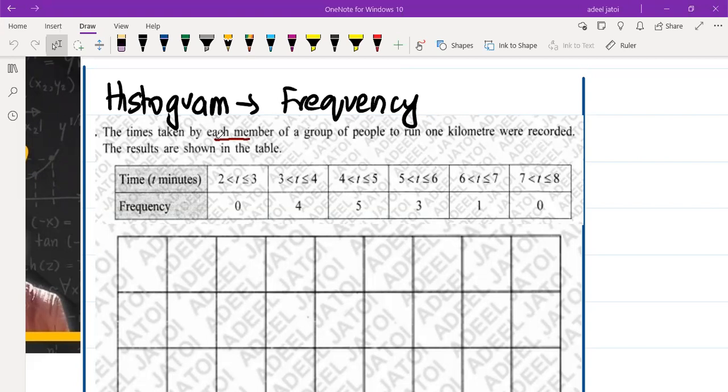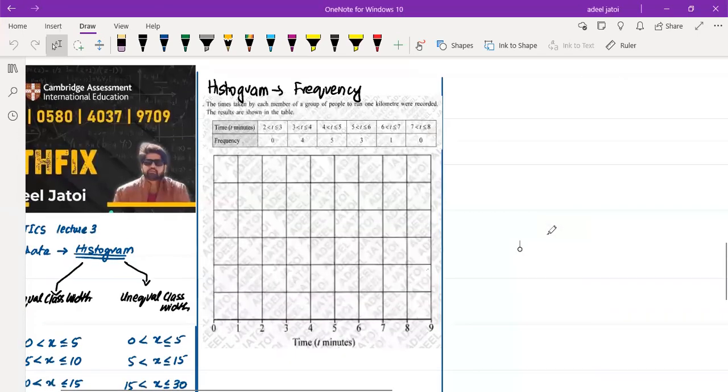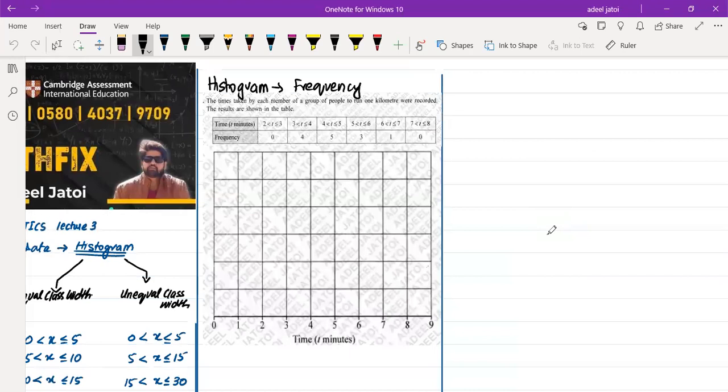The time taken for each member of the group of people to run the kilometer was recorded. That means your time comes under your x-axis. Your frequency is always in your y-axis. Now, considering this, the chart or the graph will already be given to you.